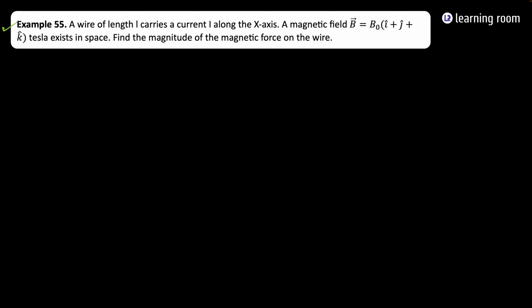Try this. A wire of length L carries a current I along the x-axis. A magnetic field of this much value exists in space. Find the magnitude and direction of the magnetic force on the wire.